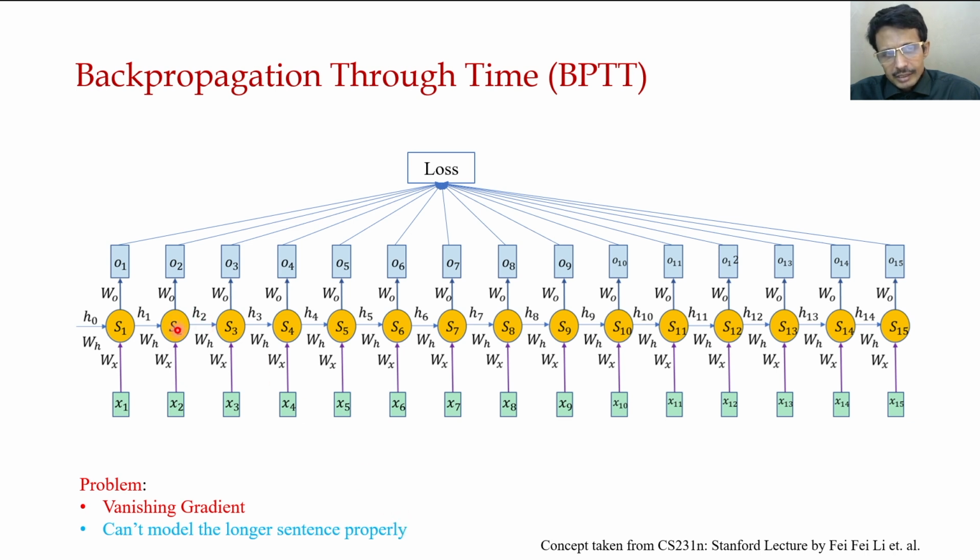If there is a word here and a word far away here, this is called a long range dependency, and that cannot be properly modeled. We'll see later how this problem is solved. But at this moment there is some sort of way out of this.